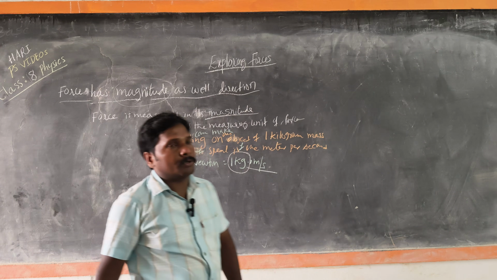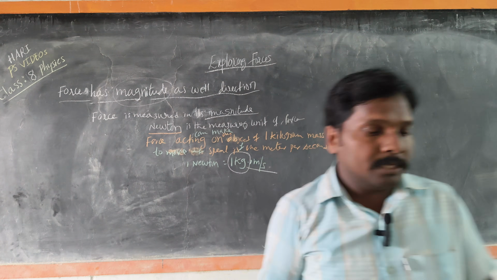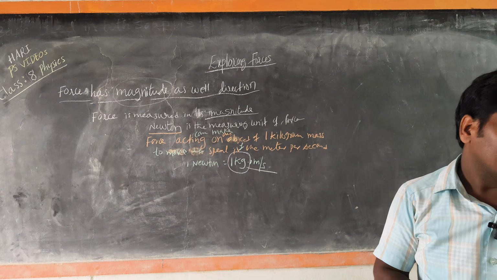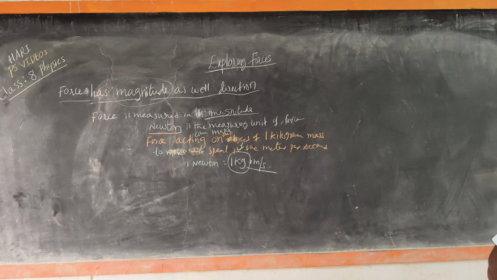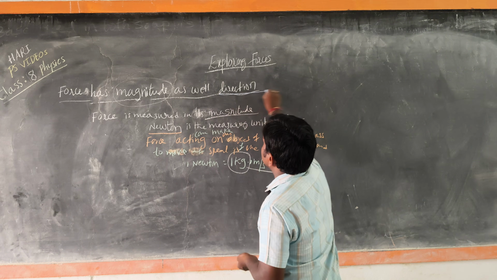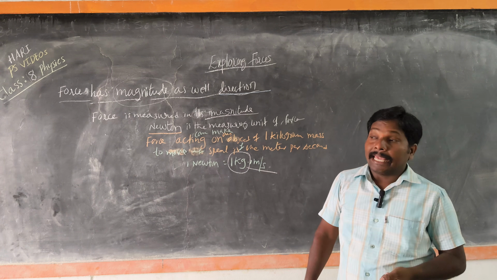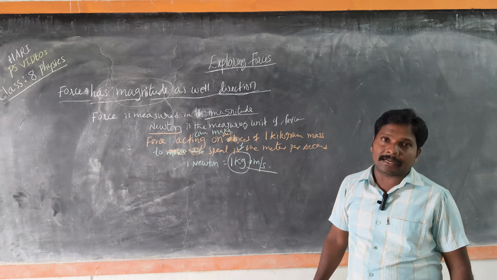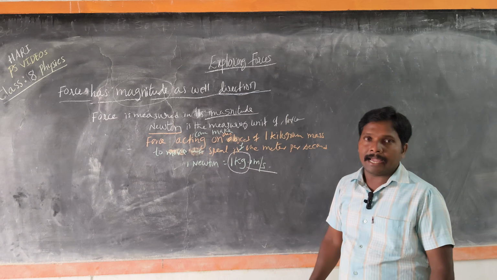So force has a magnitude, which means we are able to measure it in terms of some number. And as well, force has a direction. In which direction does it act?